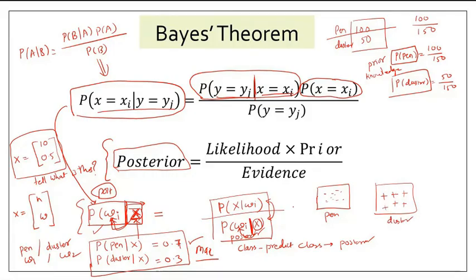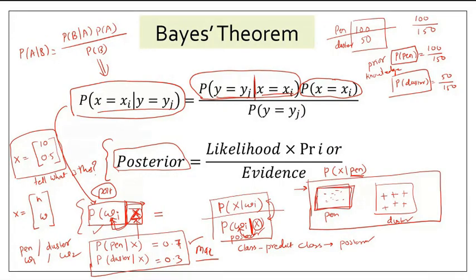When I say probability of x given pen, this is my complete problem domain where these pens and dusters are lying. So when I say given pen, the condition has been squeezed from the complete problem domain to a small domain of pens. So this is my interest. Within this pen domain, what is the chance that I will see some x equal to, say, 10 and 0.5?